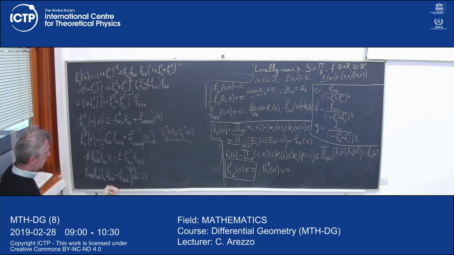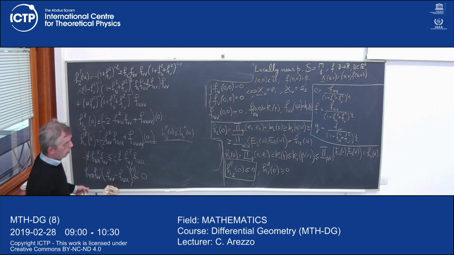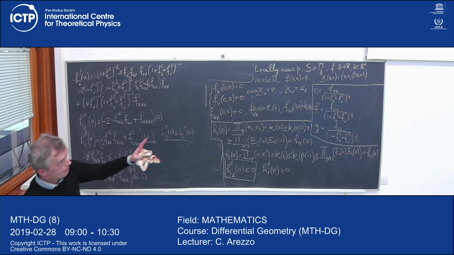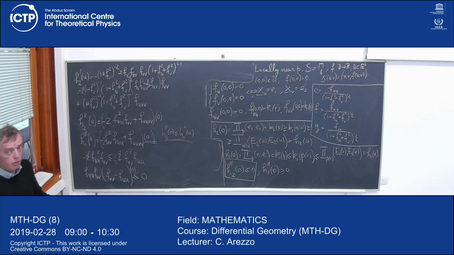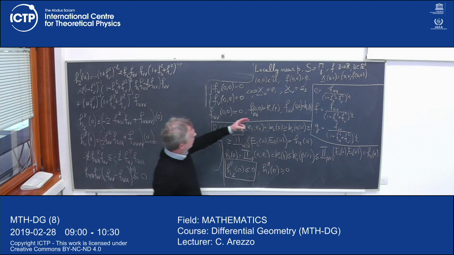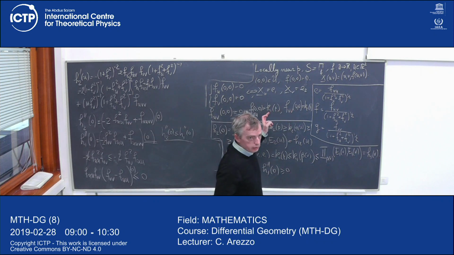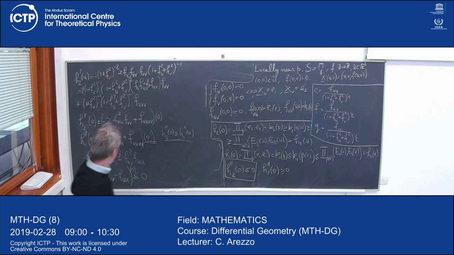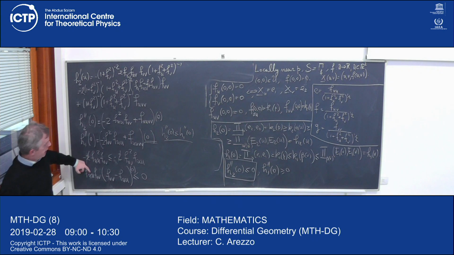Geometrically, what is it? Okay. Because now we go back to the point P, but at the point P, we know what these objects are. So you replace these things, so you get what?